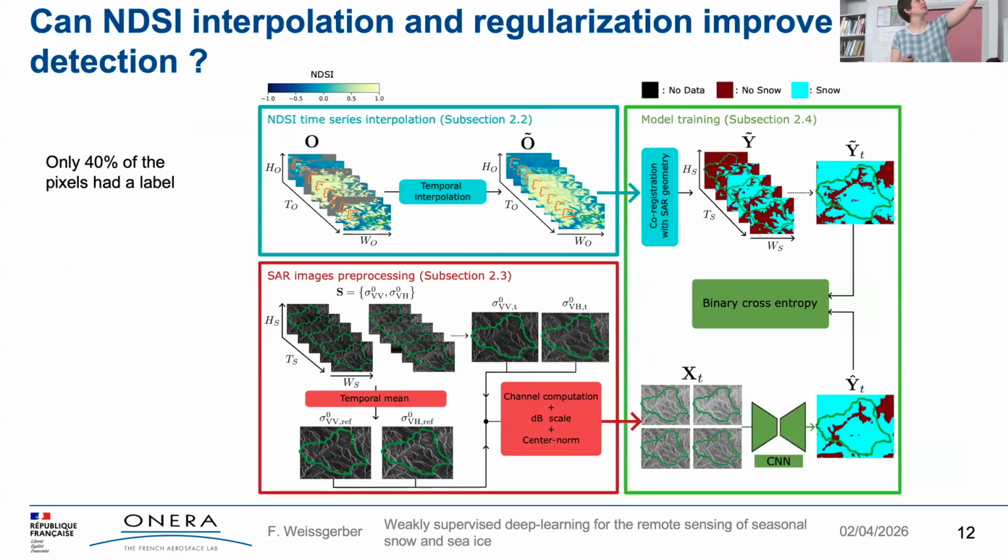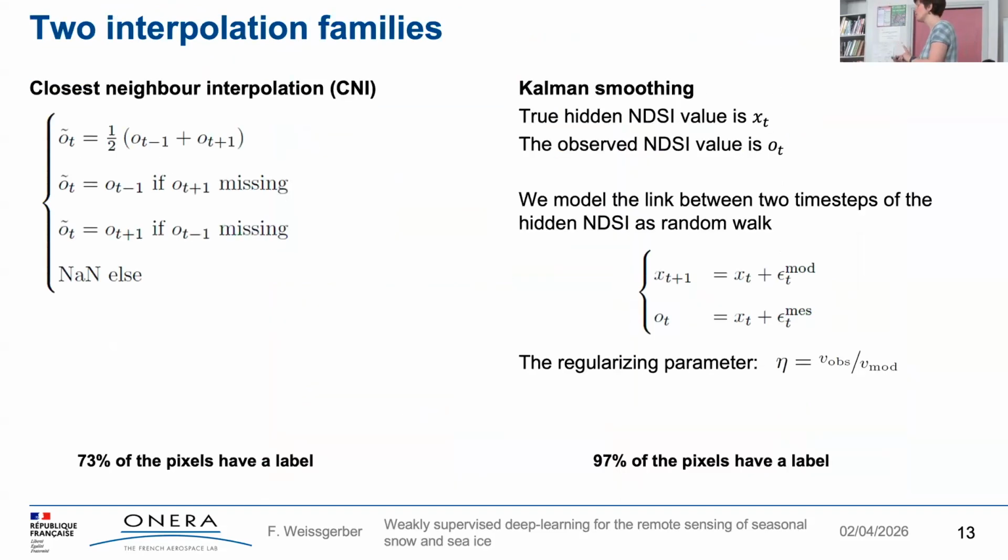But the problem is that by using this method, only 40% of the pixels were labeled because of the cloud cover. So we thought, can we use temporal interpolation basically to fill this gap and then have more labels for the training? So we compared 2 ways of doing the interpolation.